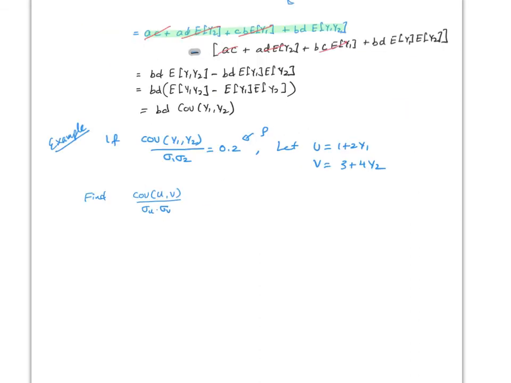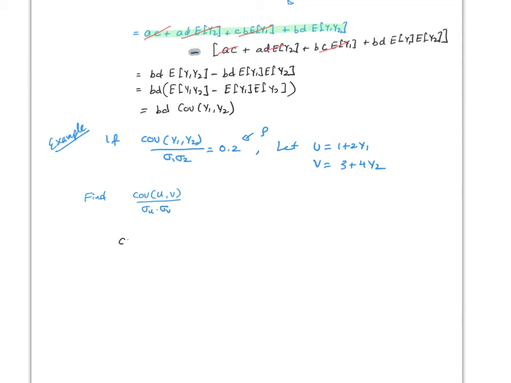All right, so let's try another problem using the result we just got. If the covariance between y1 and y2 divided by their standard deviations is equal to 0.2, meaning the correlation coefficient is 0.2, and we define u to be 1 plus 2y1 and b to be 3 plus 4y2, what will be the correlation coefficient between u and b?